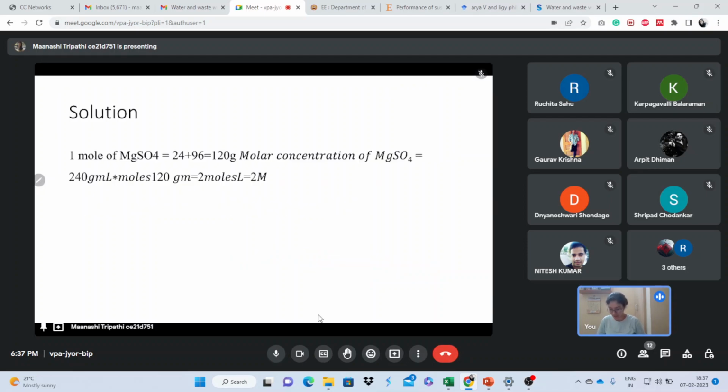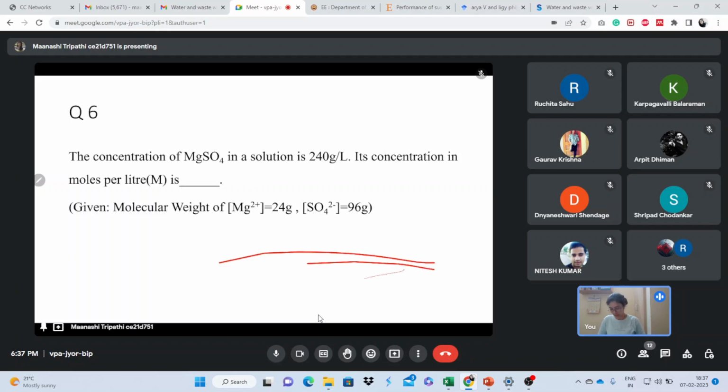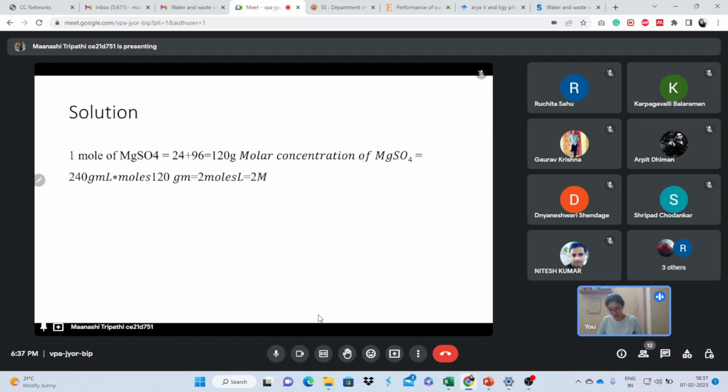So the solution is: when we want to measure the concentration in moles per liter, moles is mass upon molar mass. What is the molar mass? Magnesium sulfate, Mg plus SO4, so this is 24 plus 96, 120.